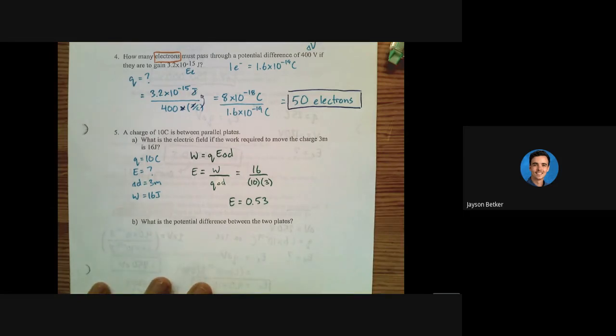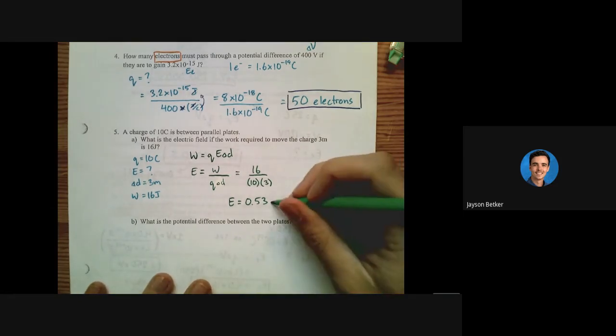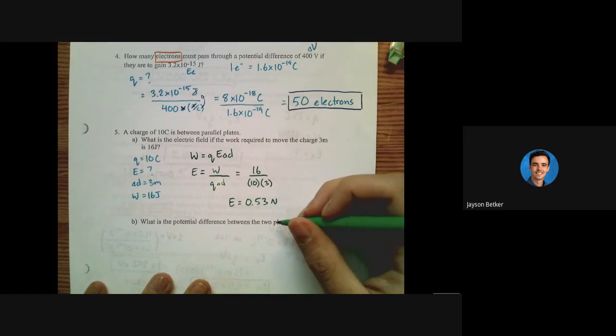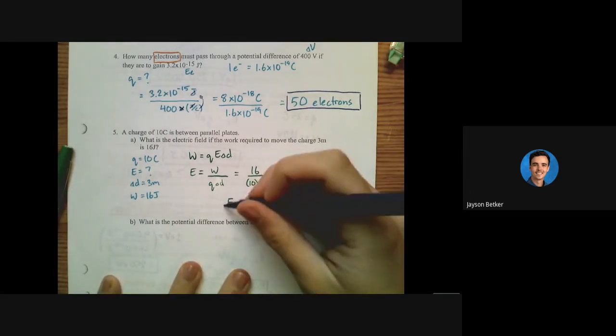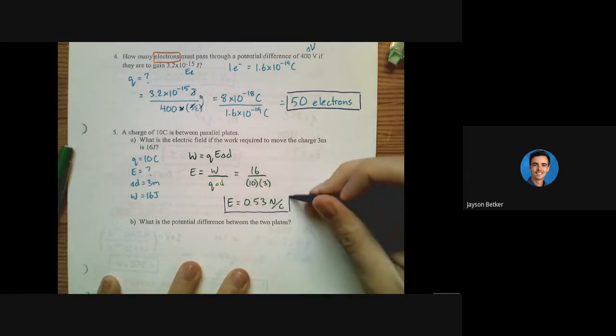This is what's tough about this unit, it's hard to remember all these things. Newtons per coulomb. And being at home, just look it up in your notes whenever you need to. All that information should be there if I've done my part properly. So there you go.